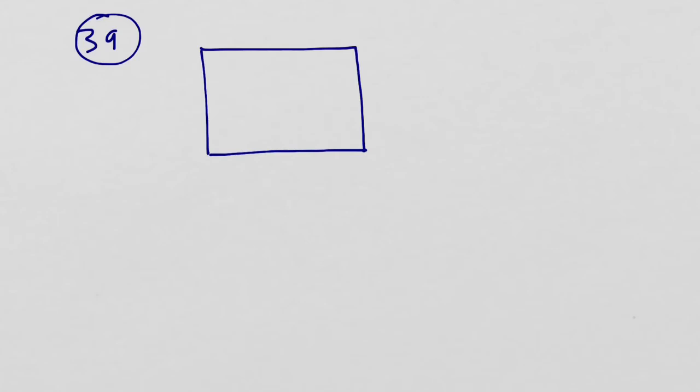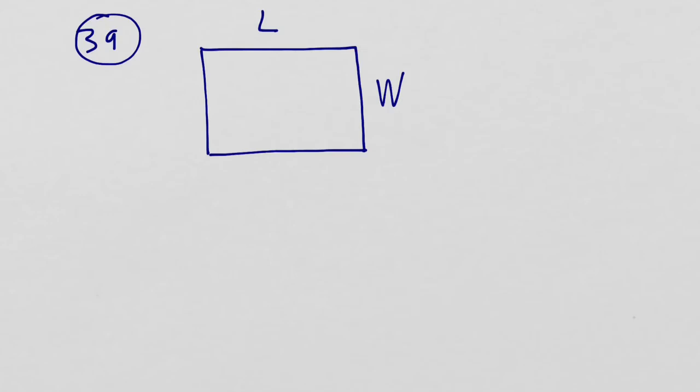And so Jim wants the length to be 2 feet greater than the width. So this is the length, this is the width. And he's basically saying that the length needs to be 2 feet greater than the width.